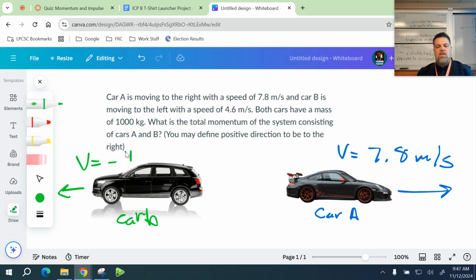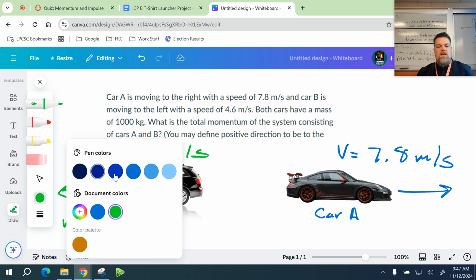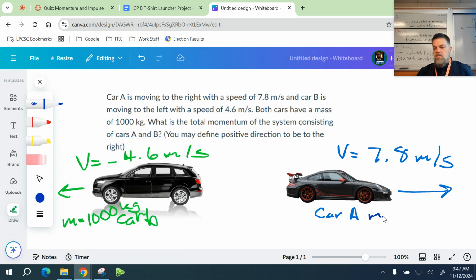So we'll say negative 4.6 meters per second. Both cars have a mass. So this has a mass of 1,000 kilograms, and this one over here has a mass of 1,000 kilograms.